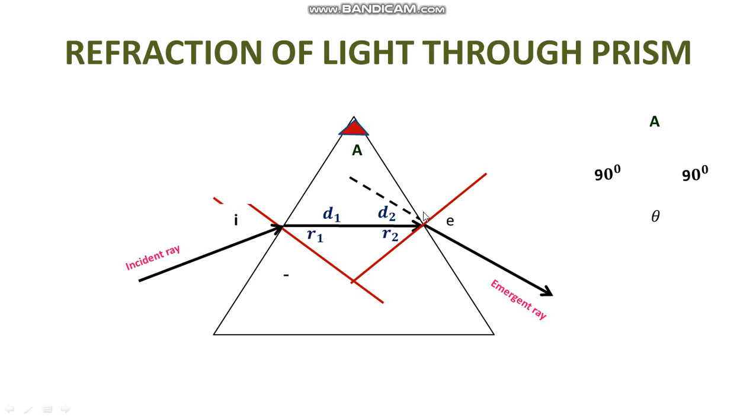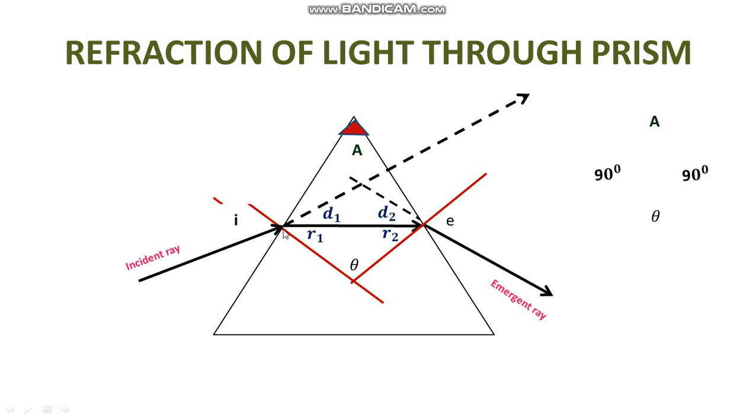These two normals make an angle theta here. Now see, in this diagram we are getting a quadrilateral. We know quadrilateral means what? It consists of four sides. The sum of angles in this quadrilateral is what? 360 degrees, right?